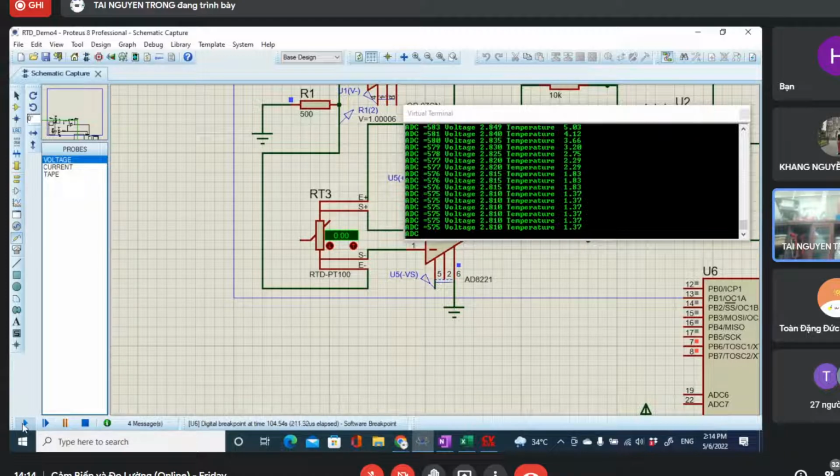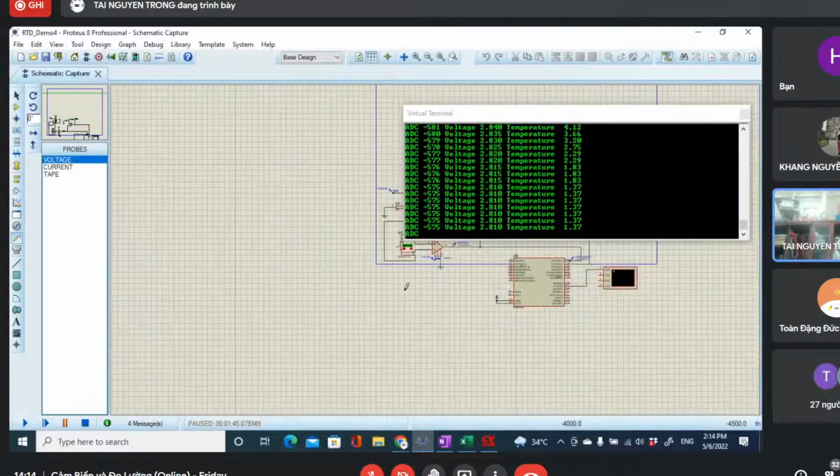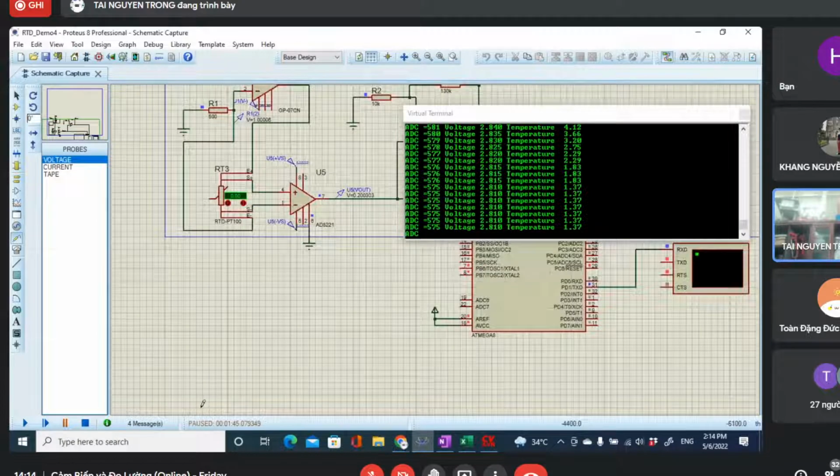Okay, but why is it difficult in this case? I don't know why.